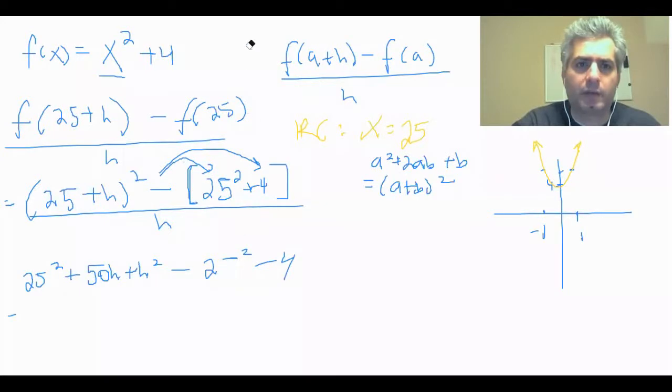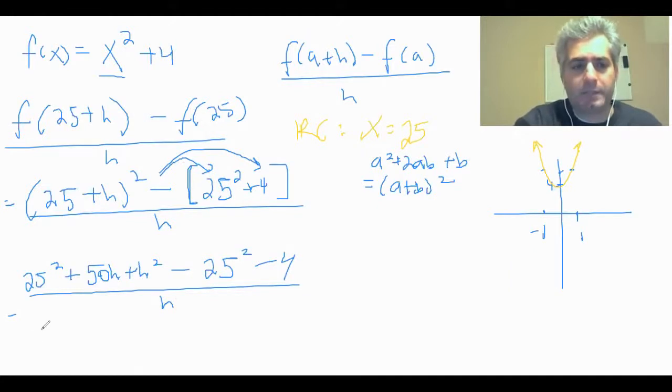Let's rewrite this quickly, all over h. Off the bat, I can see what I can simplify. There are some common terms that can get canceled. We have 25 squared minus 25 squared. Even if it was a large number, you don't need to calculate it on the calculator. 25 squared minus 25 squared is 625 minus 625, which leaves you with 0.